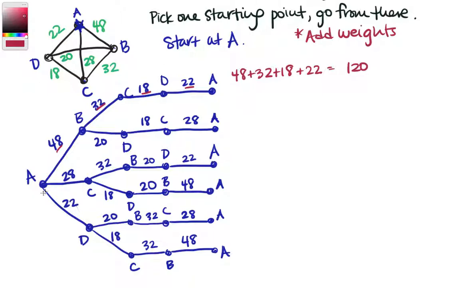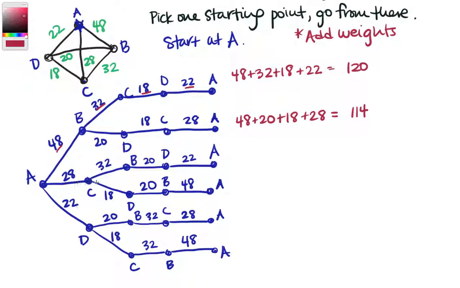Now the next one, A, B, D, C, A. We take 48, 20, 18, 28, and add them together, and what we get is 114. We're going to repeat that with every single one.